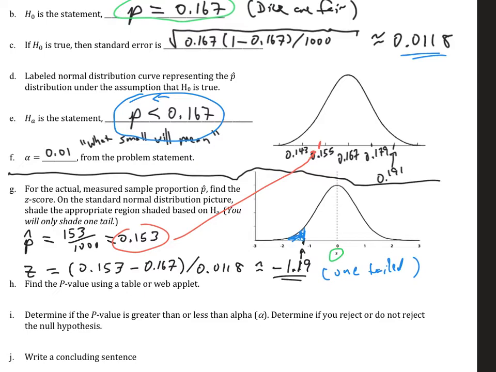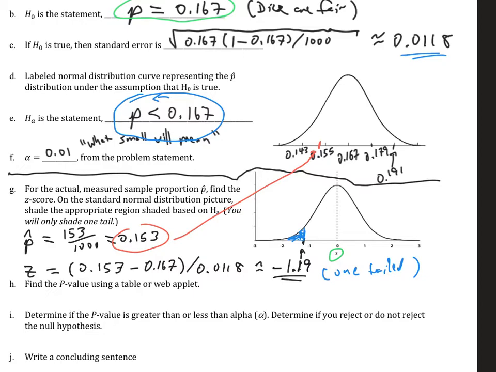The only practical difference is that we have to pay attention to our HA statement because it will indicate which one we're doing. And when we look up our values in the table, we're not trying to find the area on both sides, so we're not doubling anything. In this case, the table tells us exactly the area that I've drawn there.